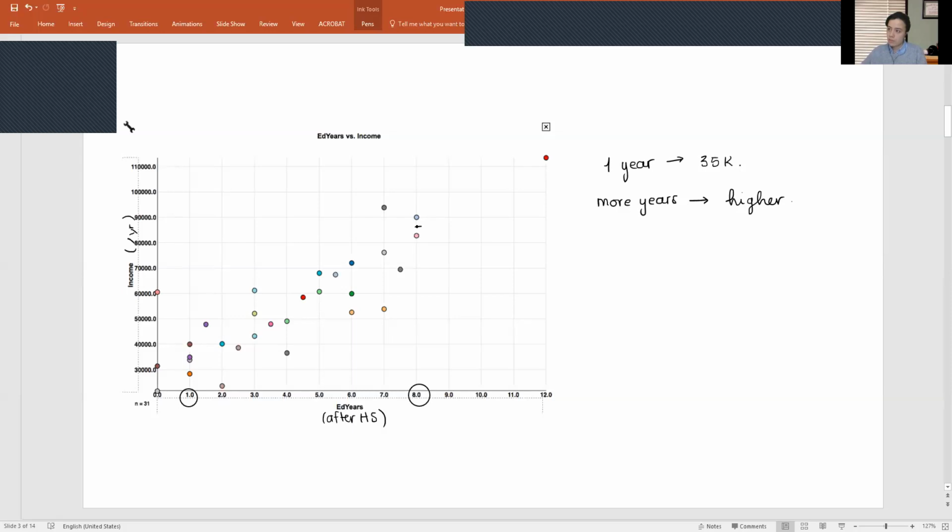So that seems to be the value around here. Now, because of that, what we are looking at is what we call a positive trend. So the more we have in this variable, the more we're going to have in this variable as well. And so we talk about a positive association in this case.